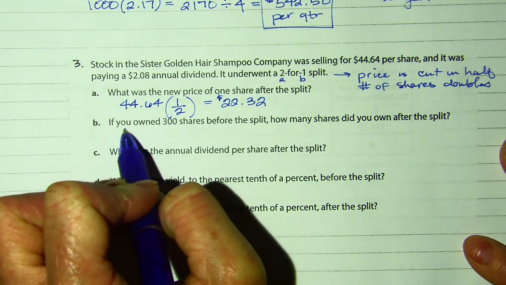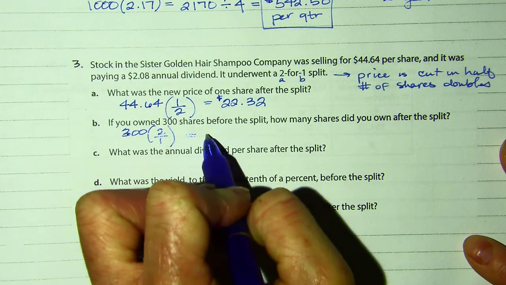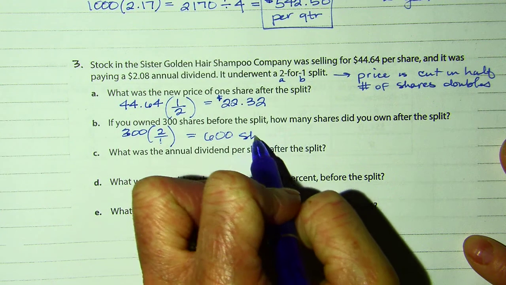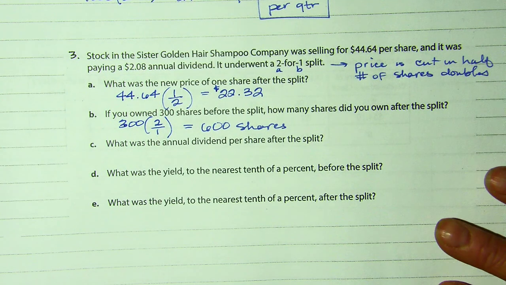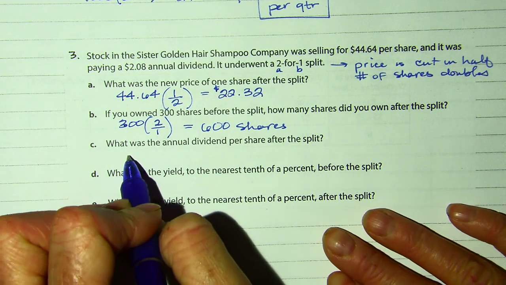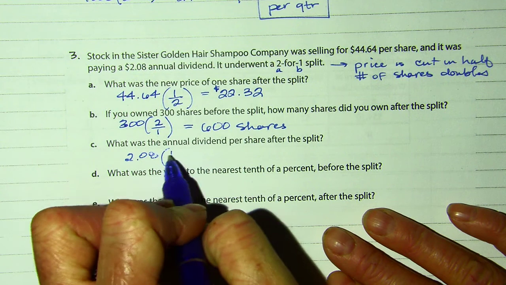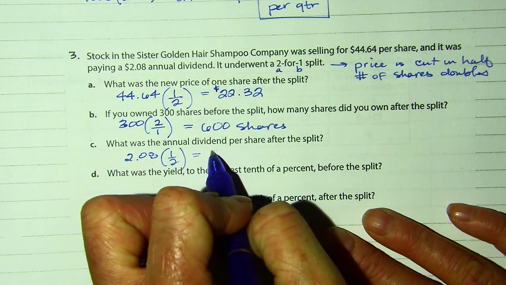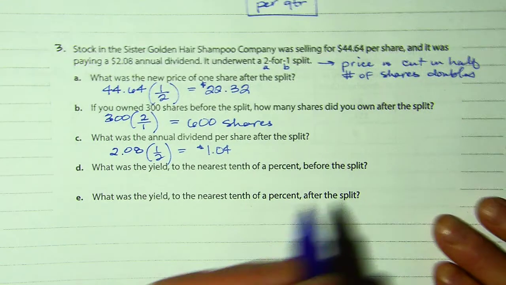So for part B, you would do the exact opposite and multiply by 2/1, which would give us 600 shares. What was the annual dividend per share after the split? Instead it'd be $2.08, also cut in half. So now it's $1.04.